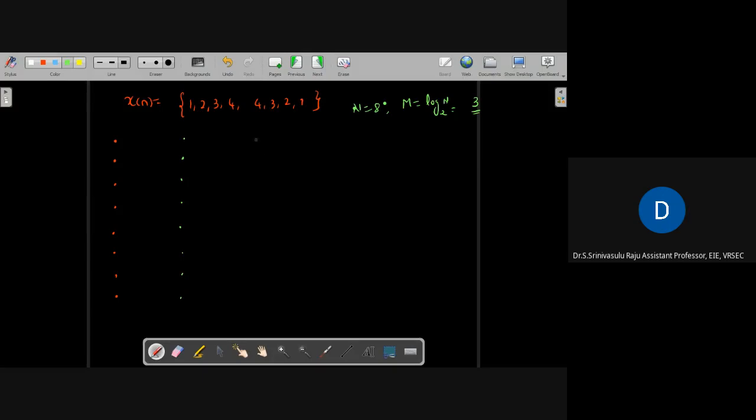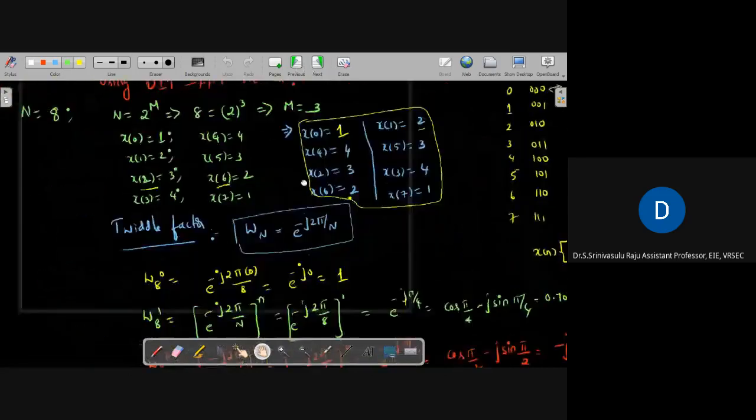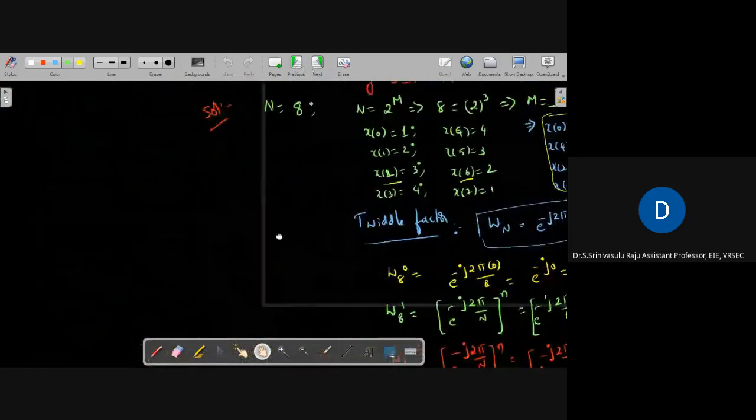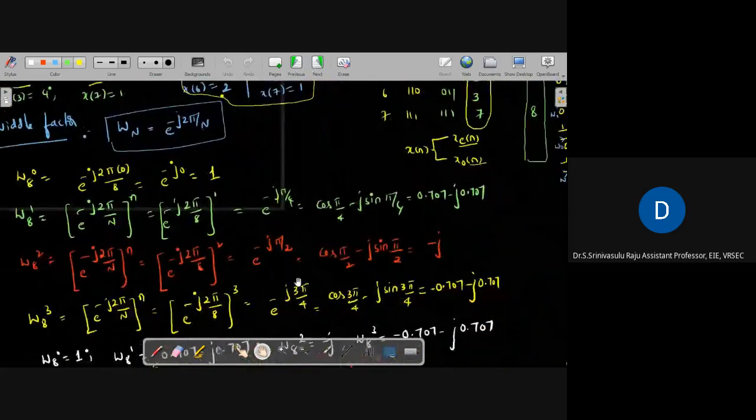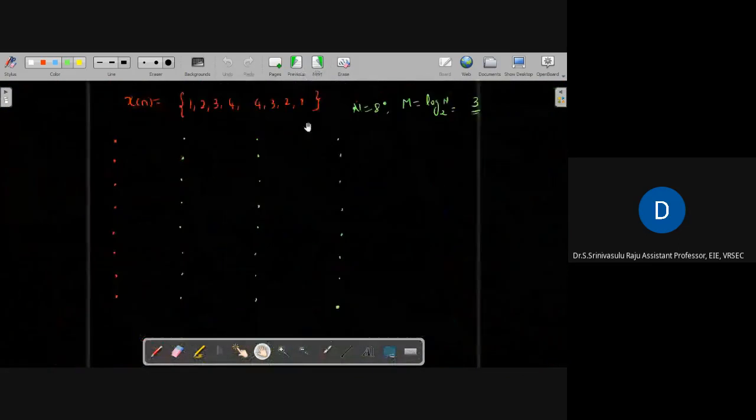Just note with the help of the points: stage 1, that is this; stage 2; stage 3. You can follow a simple procedure also. If you are feeling this one is too much computation to find out, where is the diagram? Block diagram. If you are feeling this too much computation, no need to follow this one.